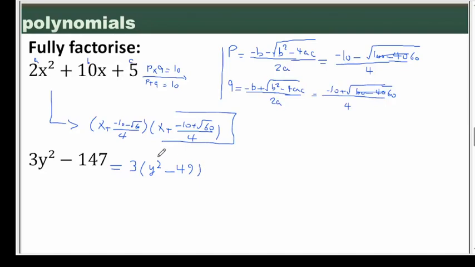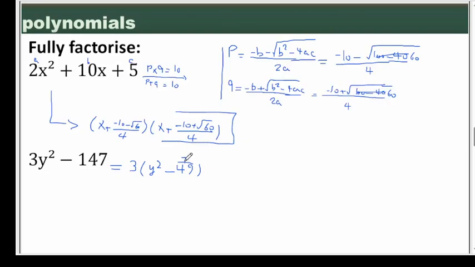Okay. Now look inside the parentheses. Inside the parentheses, I can apply the difference of squares because the second term is a perfect square.